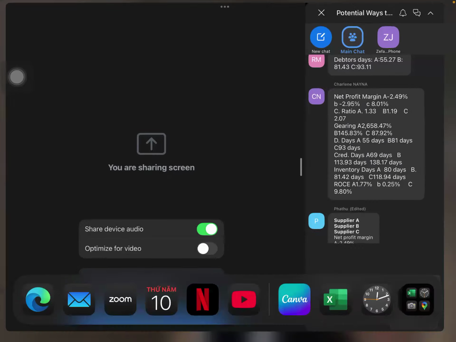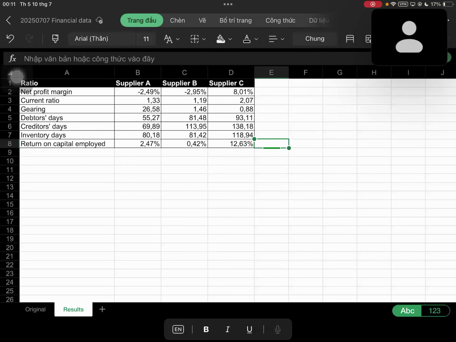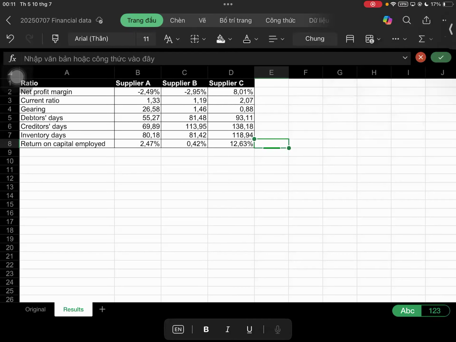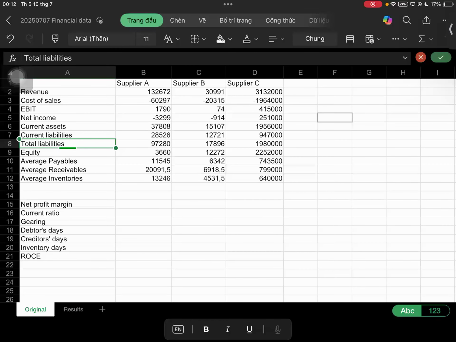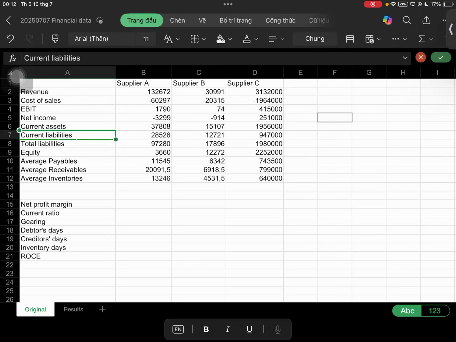For ROCE, as you can see, we take the EBIT divided by total assets minus current liabilities. In my table, I don't have any total assets, so you need to calculate the total assets by taking the sum of total liabilities and equity, and then minus current liabilities.